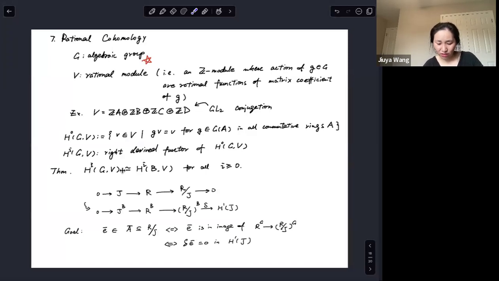There are no non-constant morphisms from P1 to the affine space. Yes, it's constant. Okay, I see. So this is why it's really important to work with rational cohomology rather than group cohomology, because obviously restriction from GL2 of Z to its Borel is not an isomorphism on group cohomology, but it is in the rational cohomology. So that's why it was really important for us to shift to that.